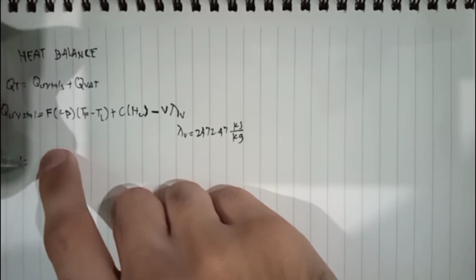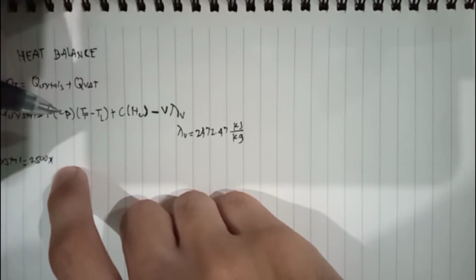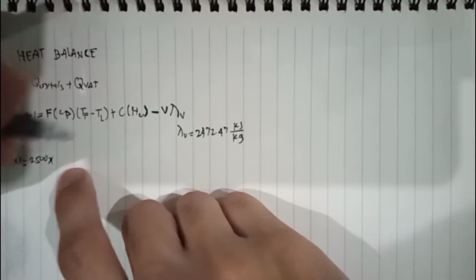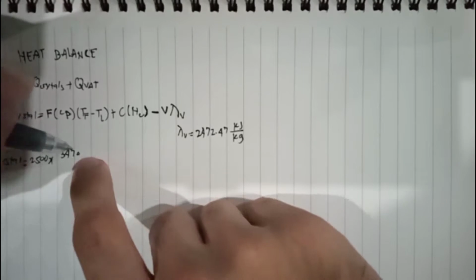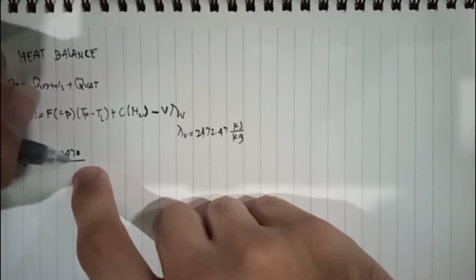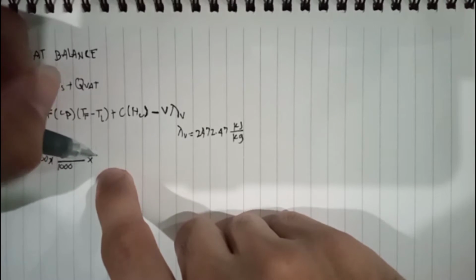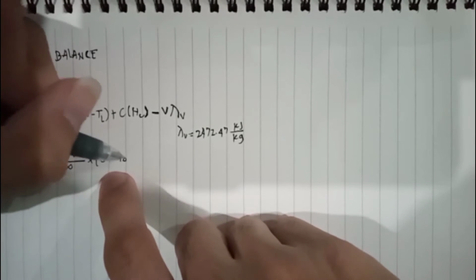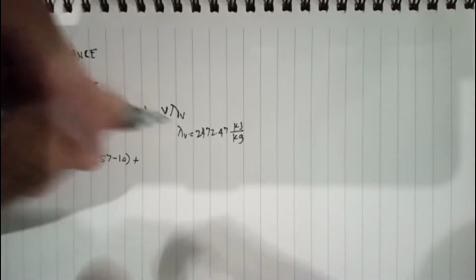So F is equal to 2,500 times the heat capacity of lactose, so 3,470. Since this is joule per kilogram per degree Celsius, we'll be converting this to kilojoule per kilogram, so divide by 1,000, times the temperature difference, equal to 57 minus 10, plus the amount of crystal.